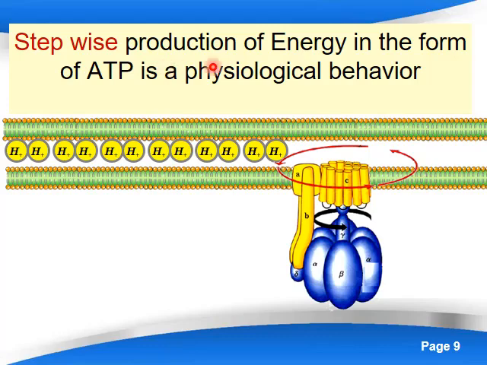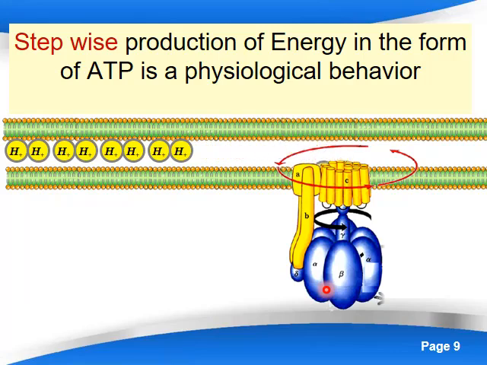The stepwise production of energy, with ATP formation, is the physiological behavior. Why? Because the hydrogen from NADH is not passing directly to oxygen. This results in gradual release of protons and their gradual entry through the F complex to complex 5 with the formation of ATP. This is normal: gradual release of energy, gradual formation of ATP.